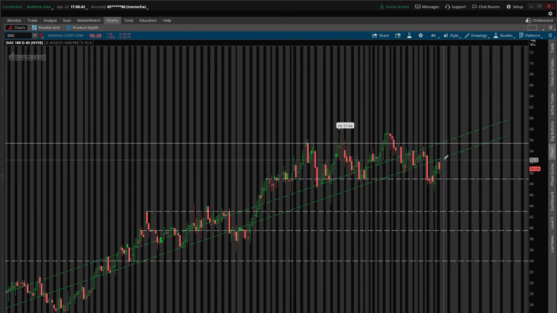I would look to see us get back into the growth channel in the next couple of days, as opposed to going down and retesting the support level. That'd be a bearish sign. As long as we bounce, though, I think you're all good. Like I said, if we start to fall below 48, that's maybe danger territory. But certainly everything that was bullish about Danaos 2 months ago is still a factor.